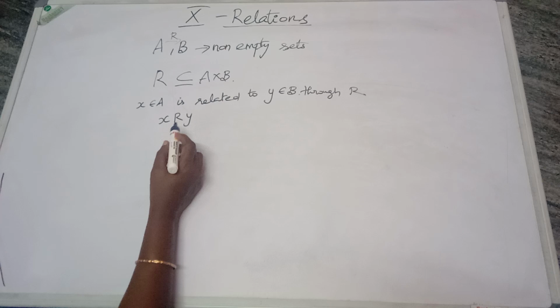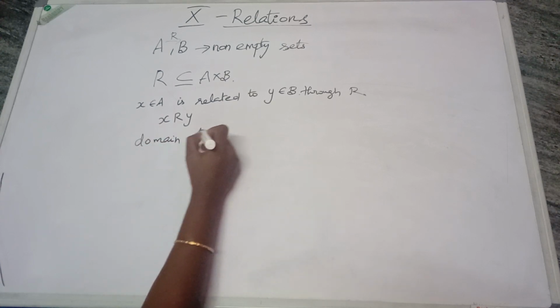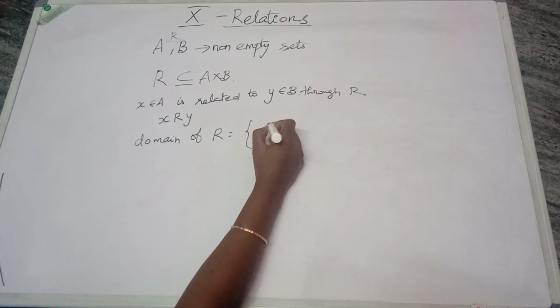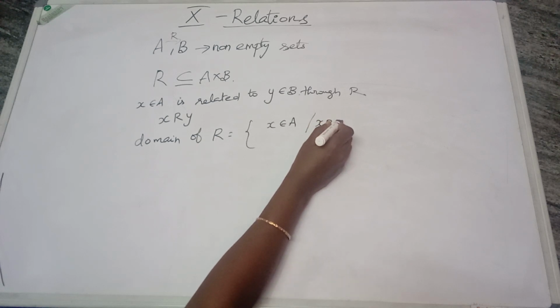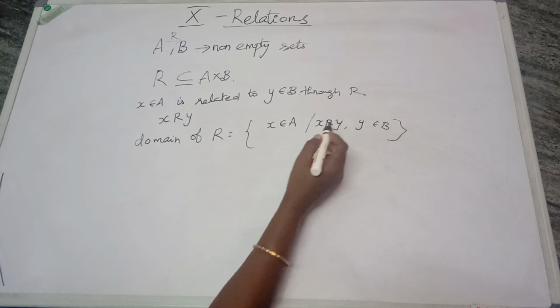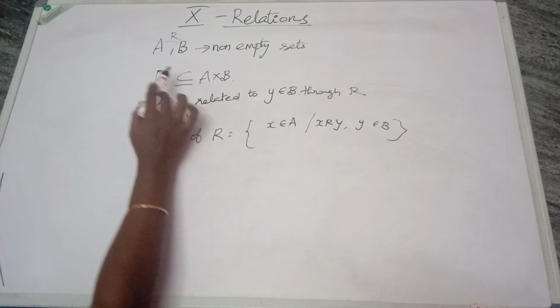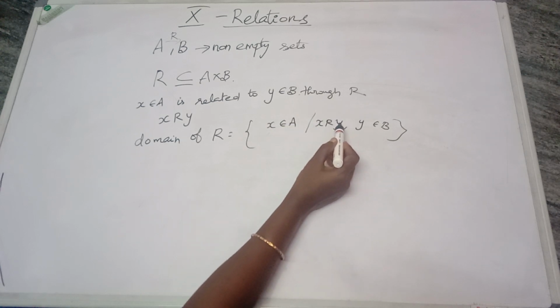Now we can say what the domain is. How do you write the domain of the relation R? Domain of R is X belongs to A such that X R Y, that is, X is related to Y for some Y belongs to B. X is in A, the first set, and that X should be related to Y which is in the second set.